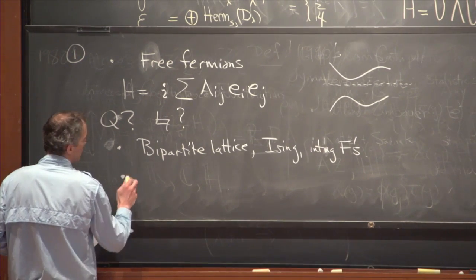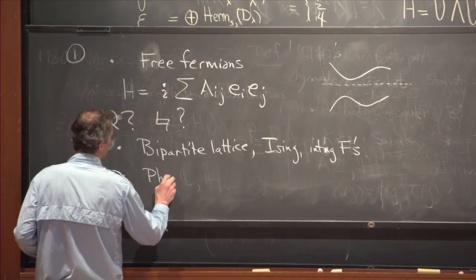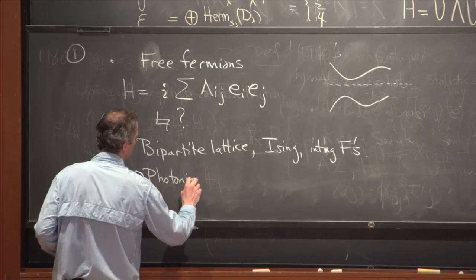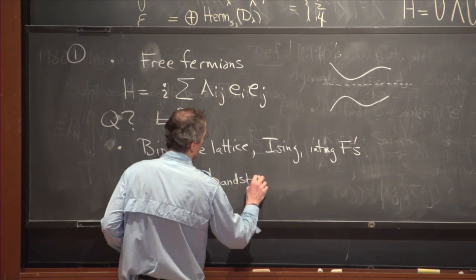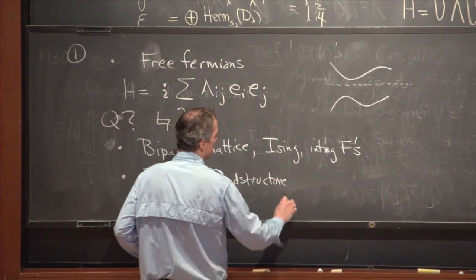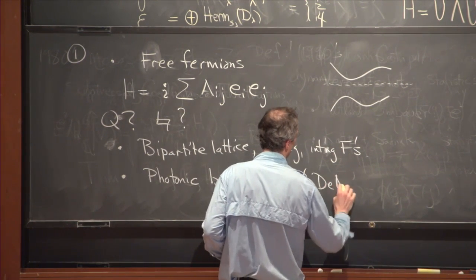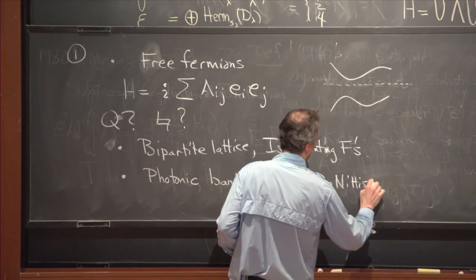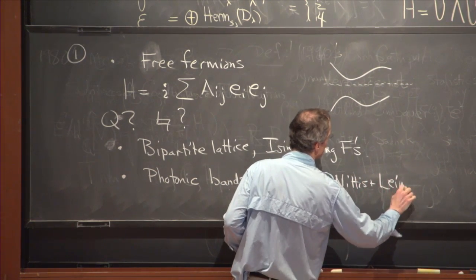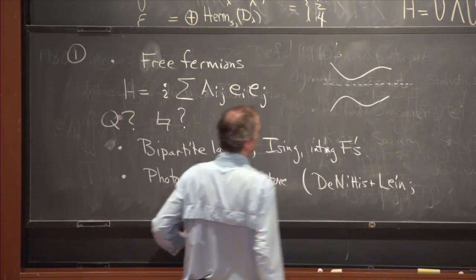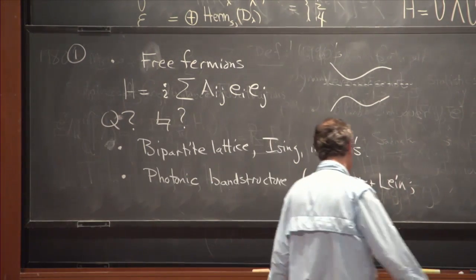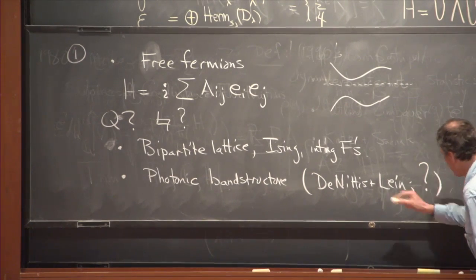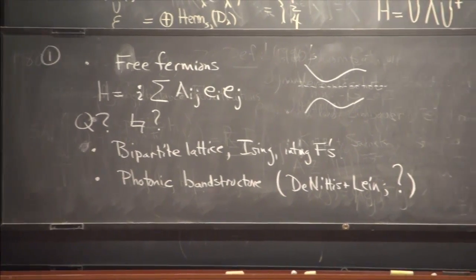There's also an interesting paper in the literature that suggests that there are applications to photonic band structure. At least I found it interesting. It's a paper by Donitis and Lane. However, I was at a workshop in Vienna last year where there were some experts in the audience who were highly critical of this work, so I'll put a question mark there.